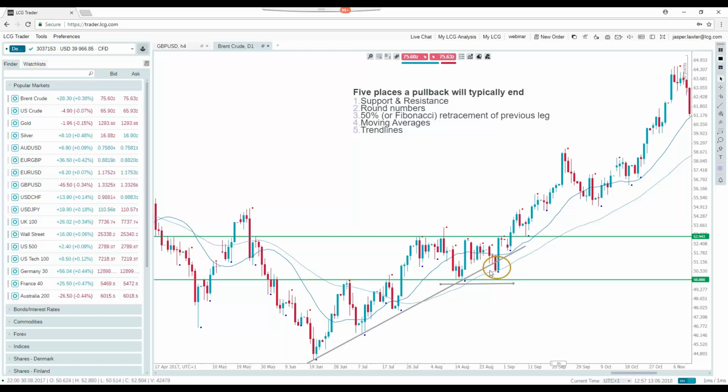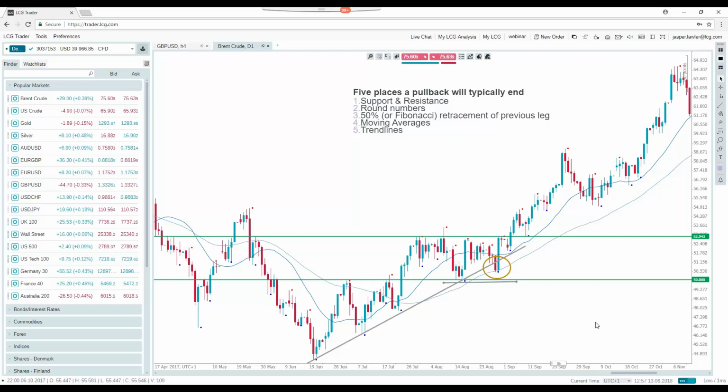And so you may have bought the dip at the 50%. You may have bought it at the 61.8%. You may even have bought it higher up here at the 31.8%. As long as you have your stop loss below the previous low, well, okay, you have to ride out a little period of loss, but as long as you stick to your convictions and keep your stop loss in place and keep the trade open, eventually you're right.